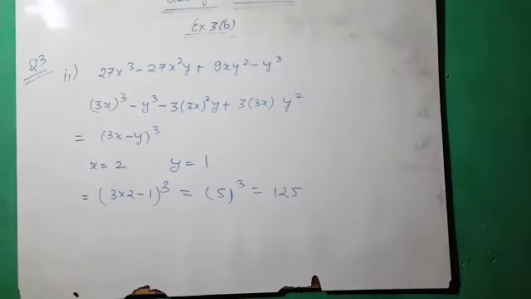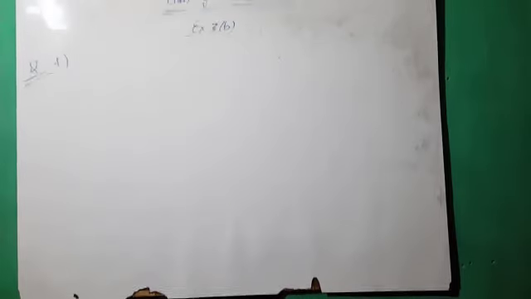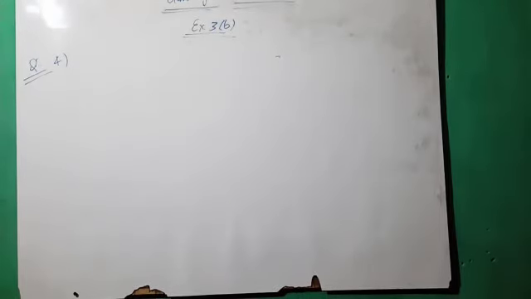Very simple question. Question number 4 is similar to question number 1, but in the first question we have square, in this question we have cube. Question number 4, the first part is your homework in your rough copy, and the rest of the part we will discuss in the next lecture. Okay, thank you.